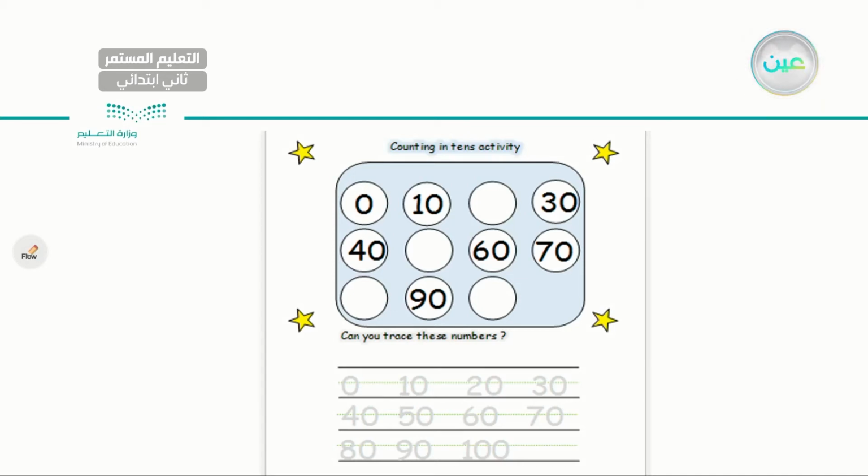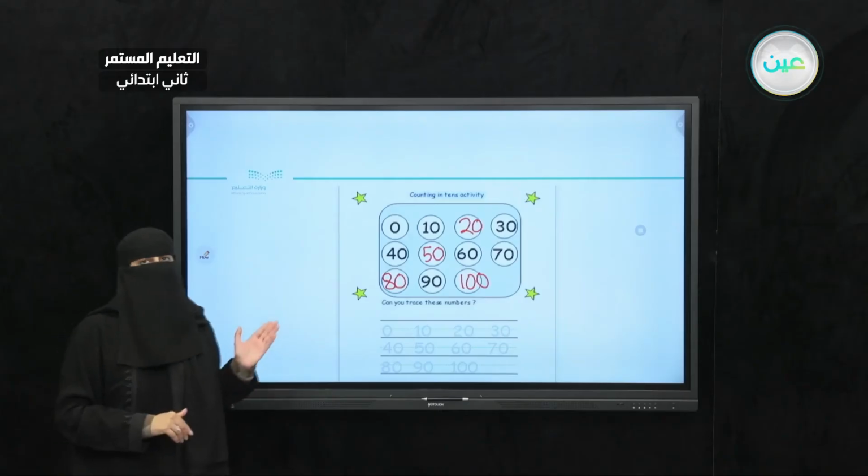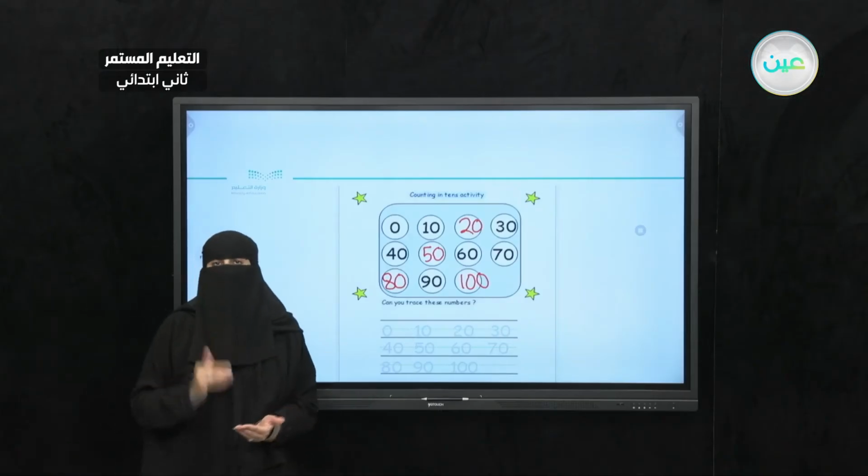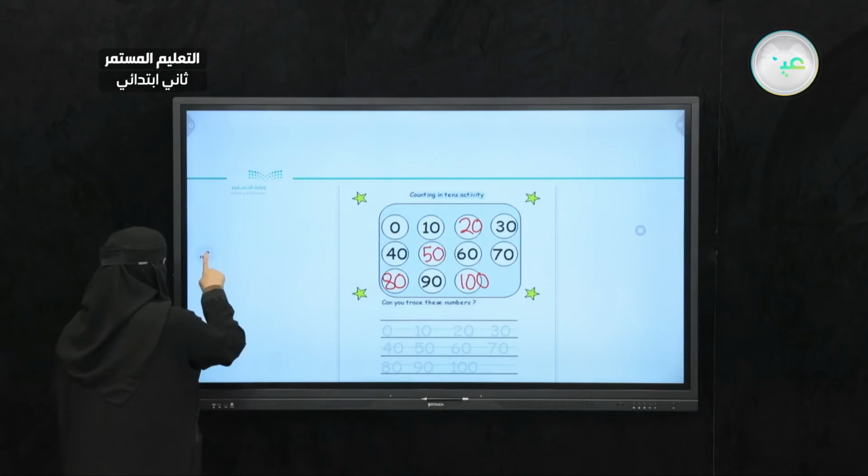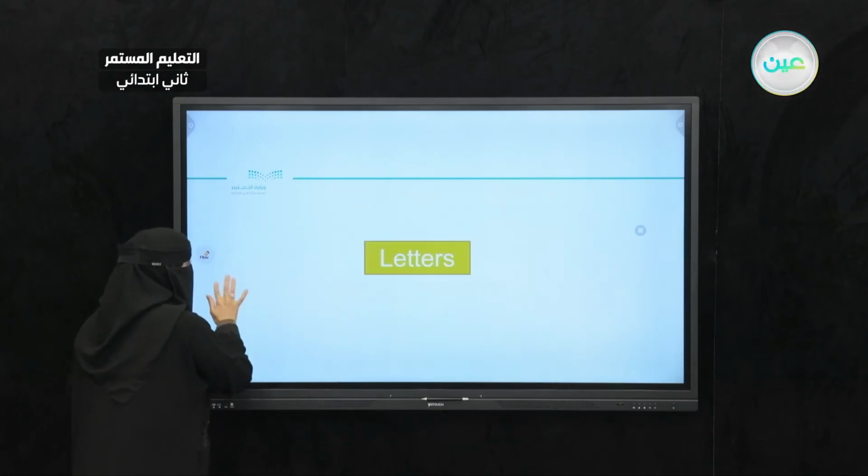So I have 10, and then I have 20, 30, 40, 50, 60, 70, 80, 90, and 100. Very good. Maybe you can go ahead after you're done writing the numbers by tens to copy and trace them several times. Very good job, my dear student.